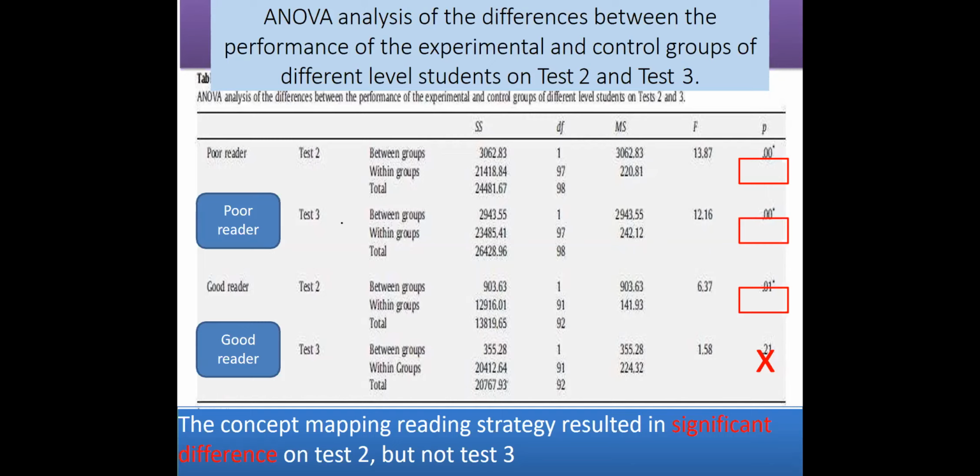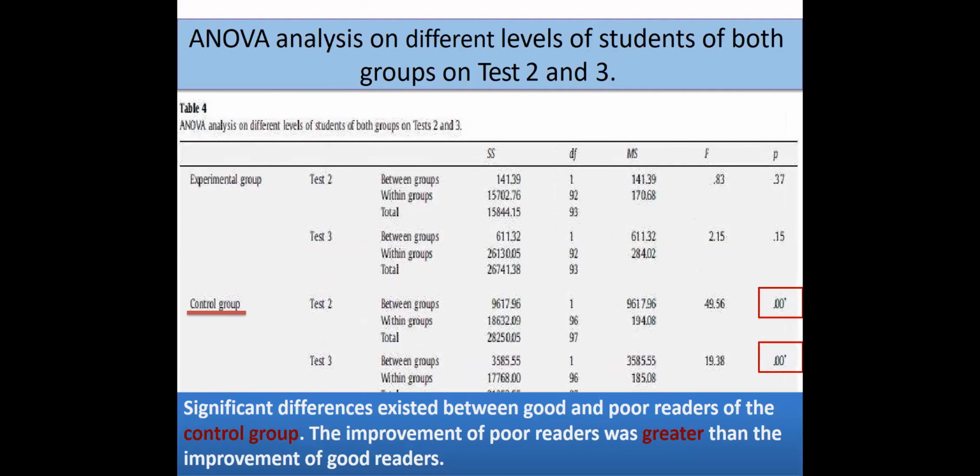And also these results indicate that the concept mapping reading strategies have a more continuous effect on the poor readers than on the good readers. So according to the one-way ANOVA results shown in table 4, there was no significant difference between good and poor readers of the experimental groups on test 2 and test 3.